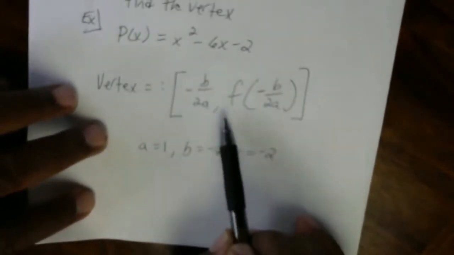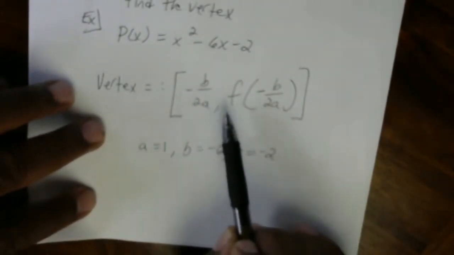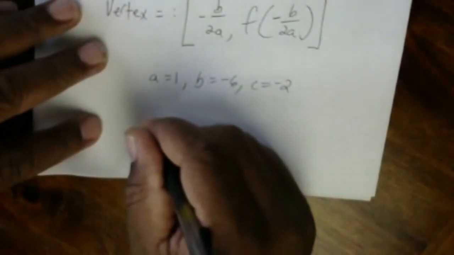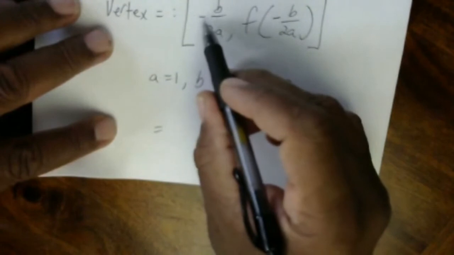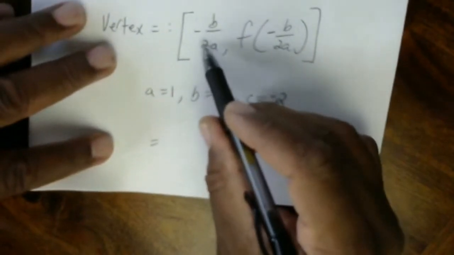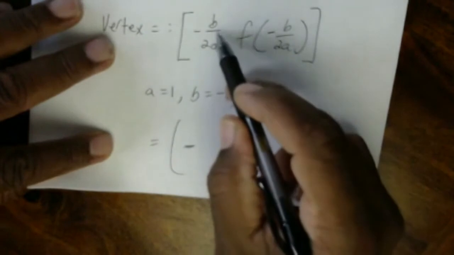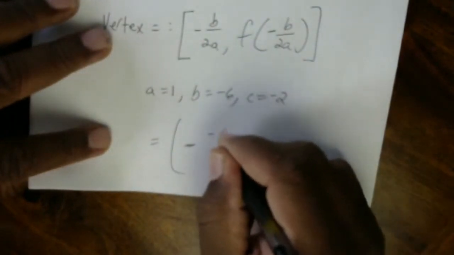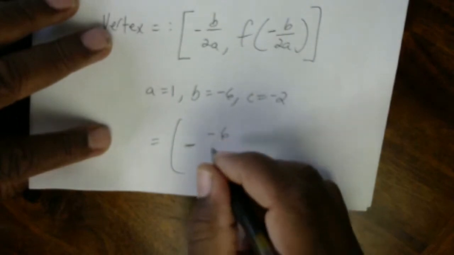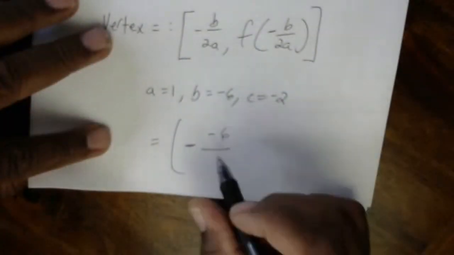All right, so now how do we decipher this formula? Well, the x coordinate is simply going to be negative b divided by 2a. So I have a negative, and that's from my formula. B is going to be negative 6, over 2 times a, and a is 1.